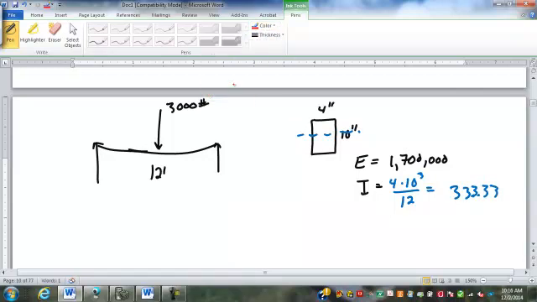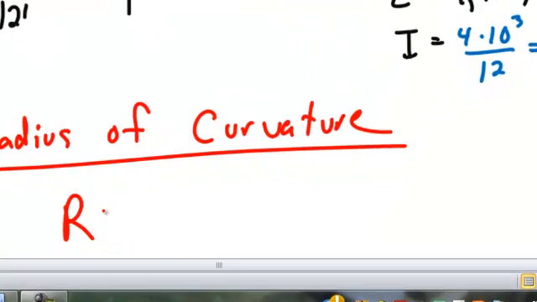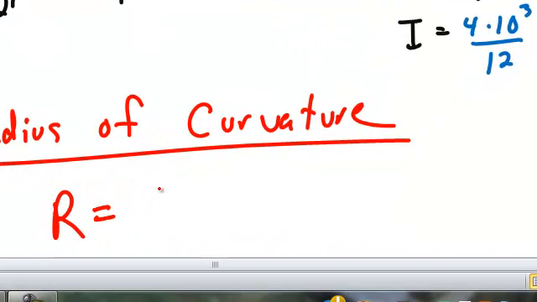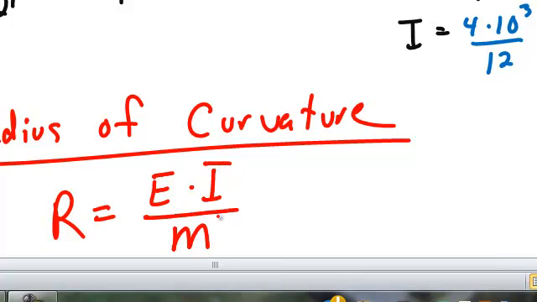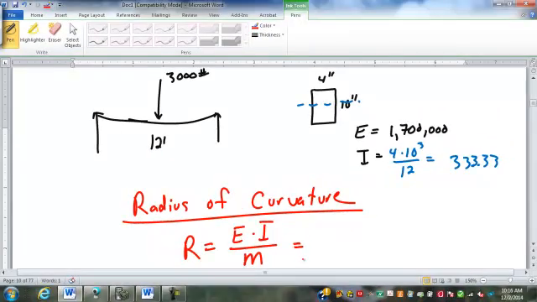So the radius of curvature would be equal to the elastic modulus times the moment of inertia over the moment from the moment diagram. Well, let's find the moment from the moment diagram.